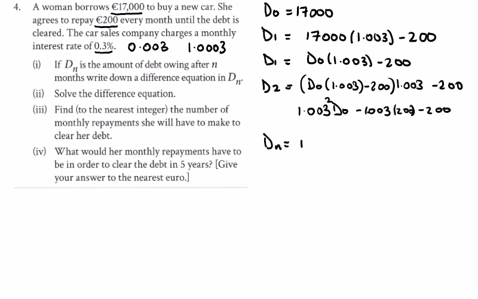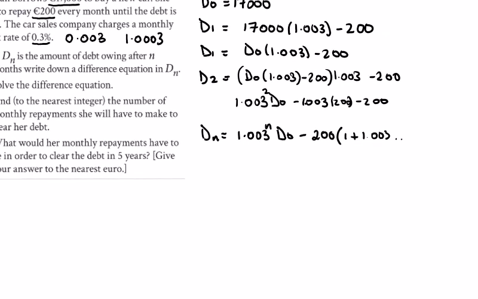Dn is equal to 1.003 to the power of n times D0 minus a geometric progression where we factor out 200. It becomes 1 plus 1.003 all the way to 1.003 to the power of n minus 1.